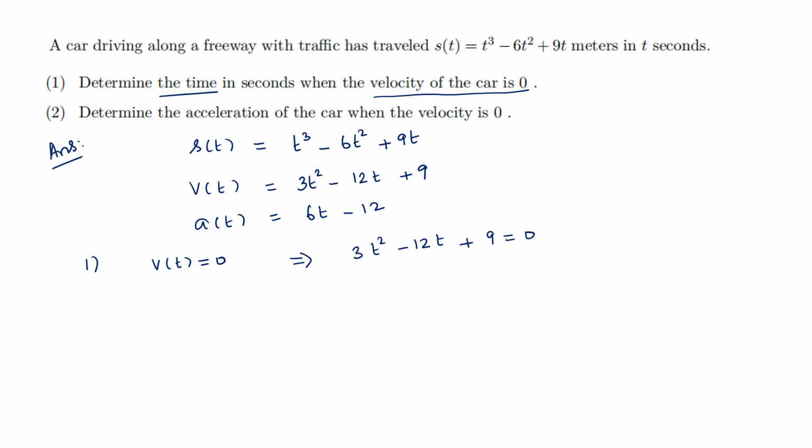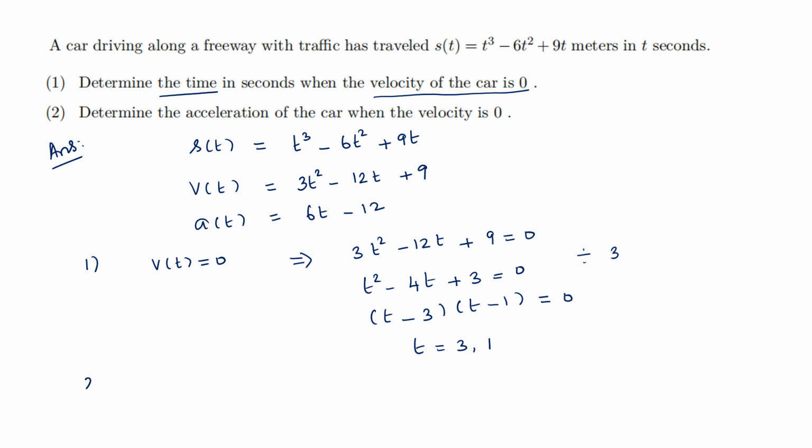Dividing throughout by 3, what do I have? t square minus 4t plus 3 equal to 0. Factoring this, easily we can have t minus 3 times t minus 1 equal to 0. t value 3 and 1. So velocity equal to 0, what is the time? t equal to 1 and t equal to 3.